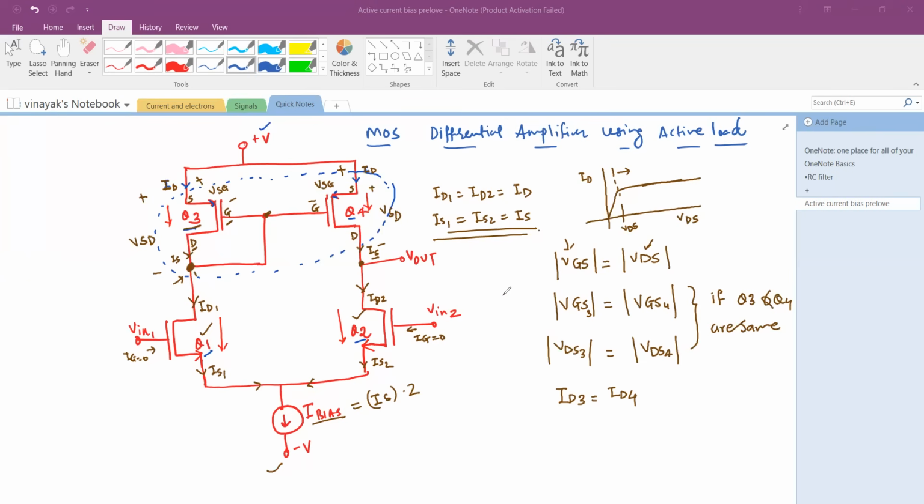The condition for operating the transistors in the saturation region is that the VDS minimum should be greater than the overdrive voltage of the transistor, and the V overdrive is the mod of VGS minus VTH in the MOSFET. Okay, so when that happens, your differential amplifier is ready to operate after setting up the bias points.